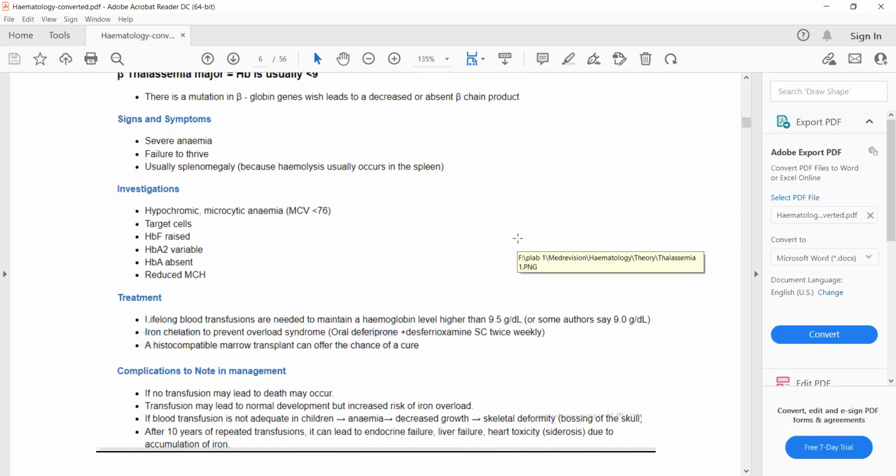But in anemia of chronic disease and in thalassemia, there is no problem with the iron. So total iron binding capacity will decrease in thalassemia and in anemia of chronic disease. Is this point clear, everyone? Yes.